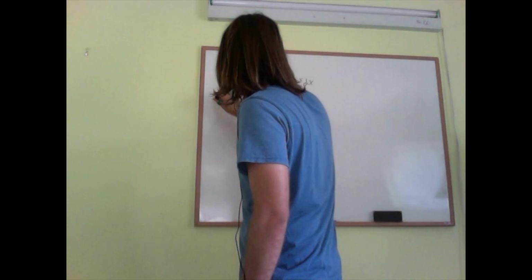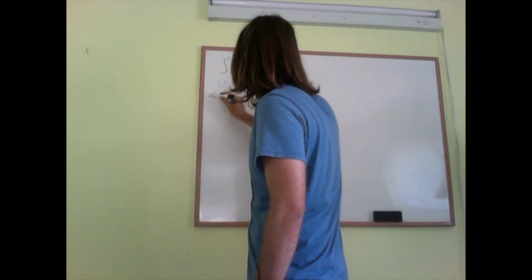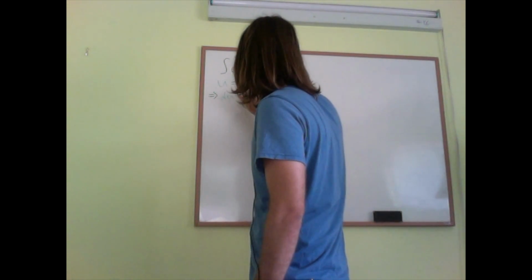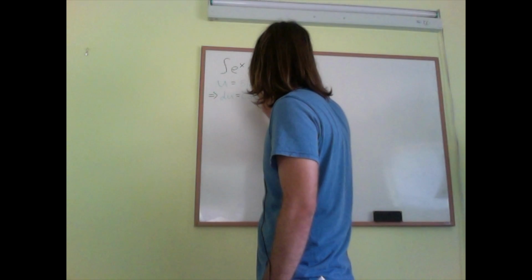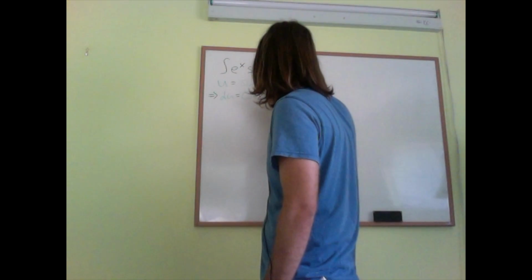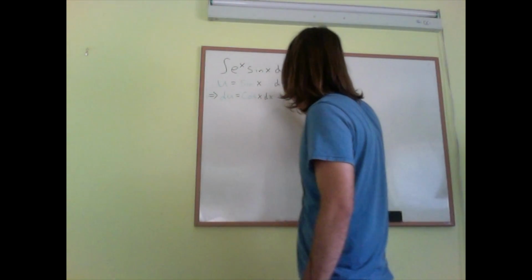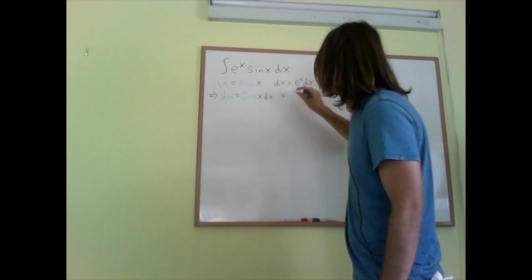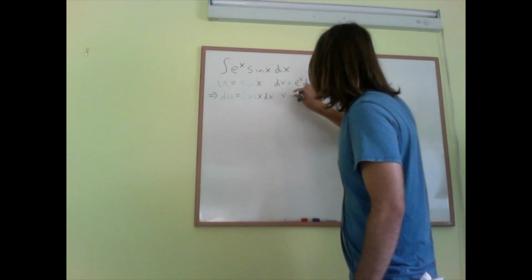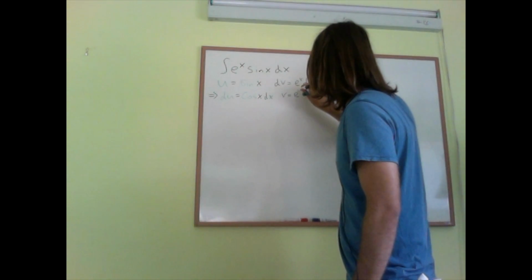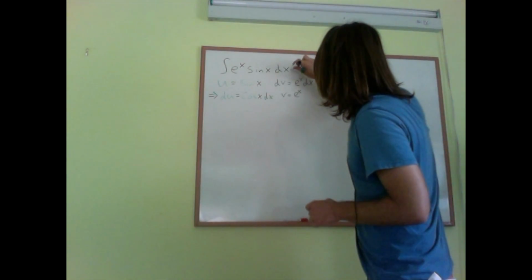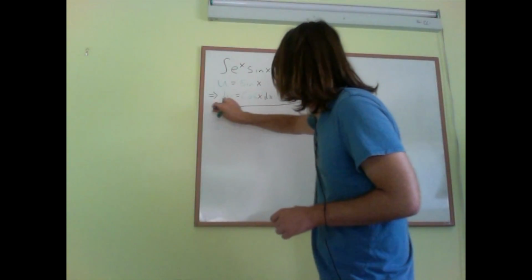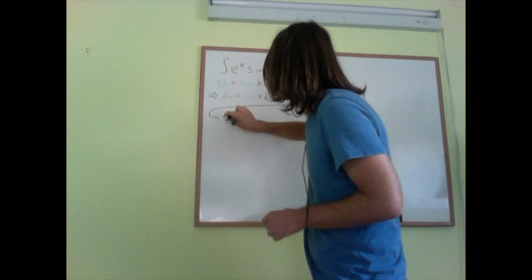This, of course, implies that du is equal to cosine of x dx, and v is simply e to the x. Okay, so now let's bring this down here.